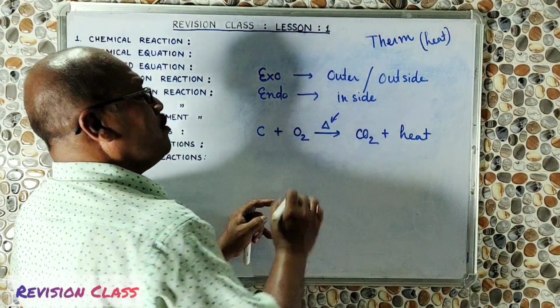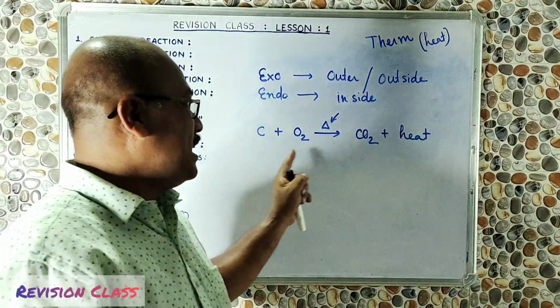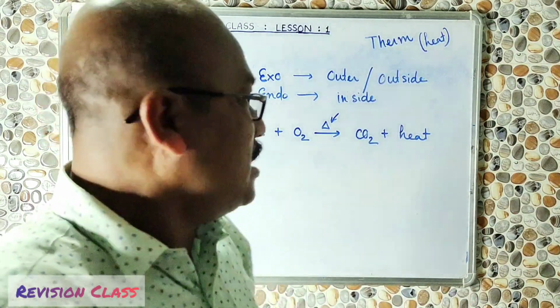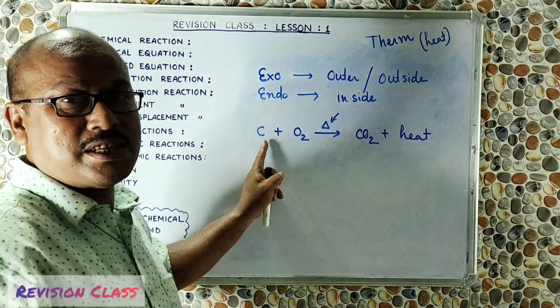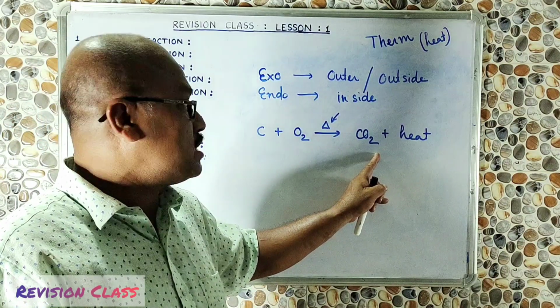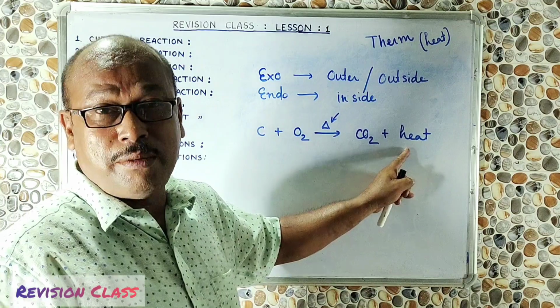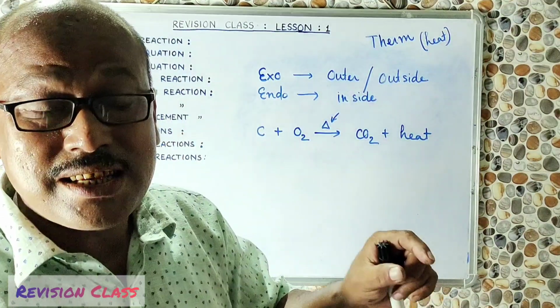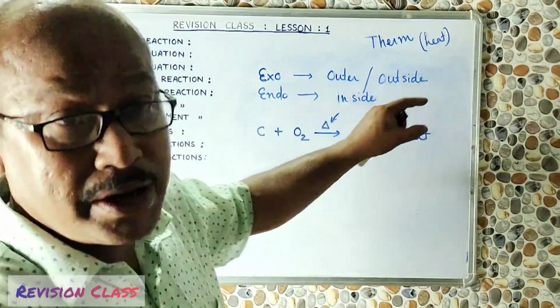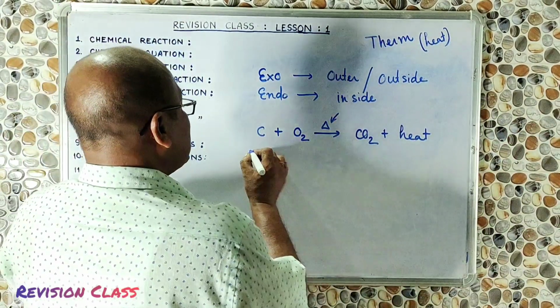Whatever heat you utilized was very little, but at the end you will see more heat generated. So in this reaction carbon and oxygen combine, not only producing carbon dioxide gas, but also generating heat. Such chemical reactions are called exothermic chemical reactions.